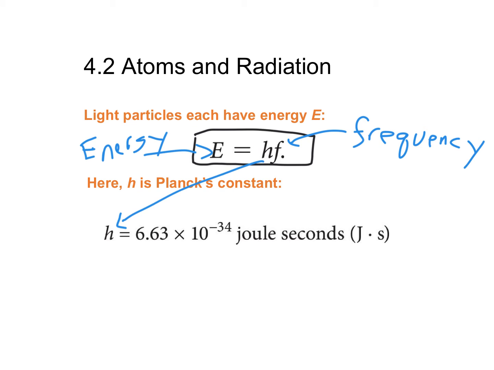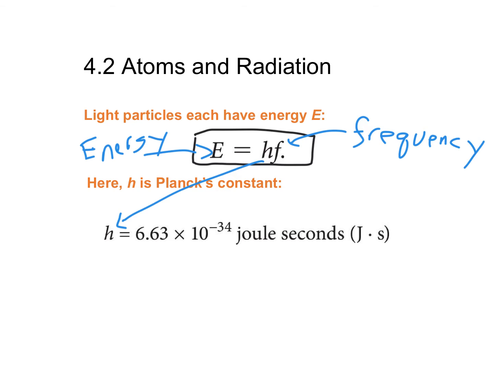And you can see it's 6.63 times 10 to the minus 34. So it's a very, very small value. But that is the relationship between the energy and the frequency in a beam of light, or in a photon of light, actually.